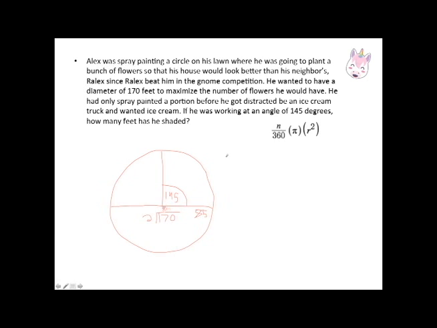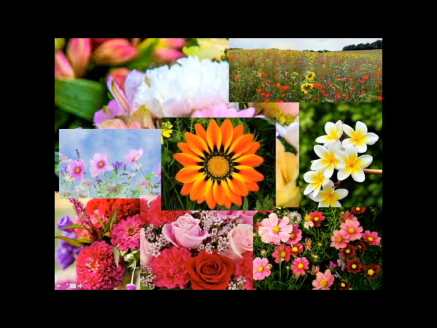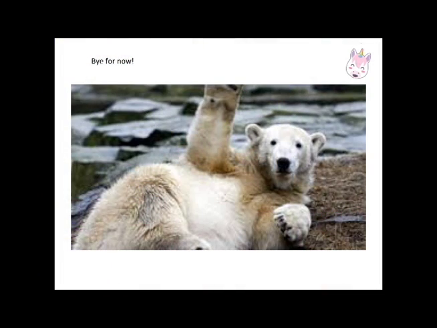And once again, there is our formula. So our equation becomes 145 over 360 times pi times 85 squared, which gives us our answer, 9,142.25 feet squared, which is going to be a whole lot of flowers.